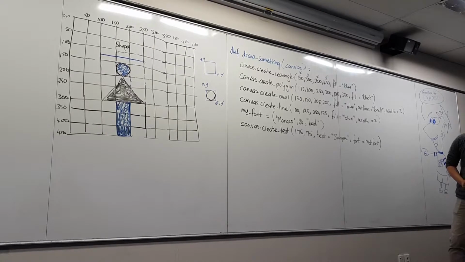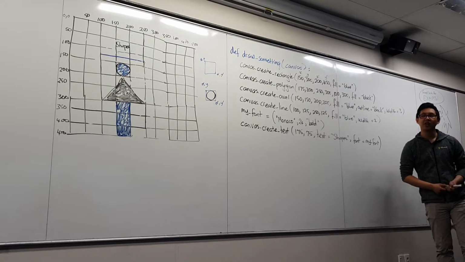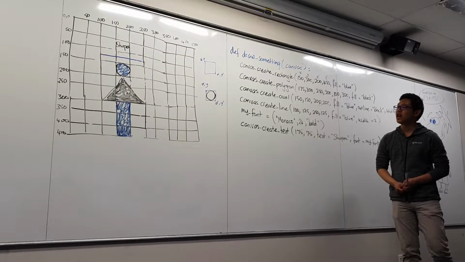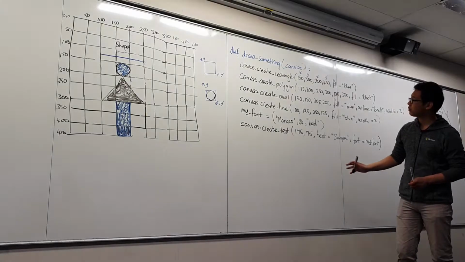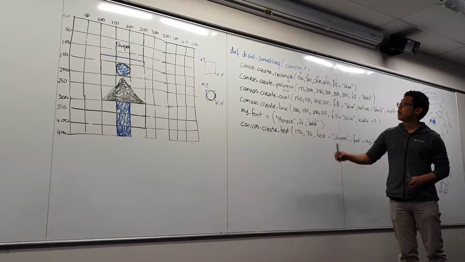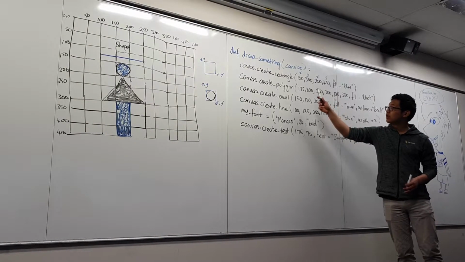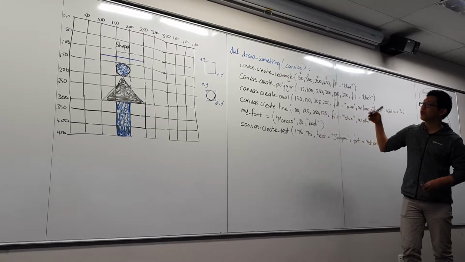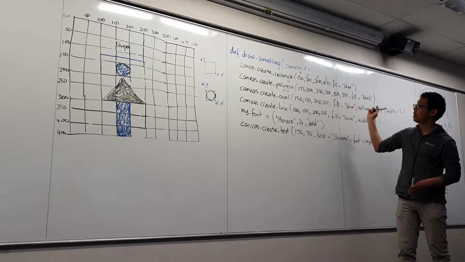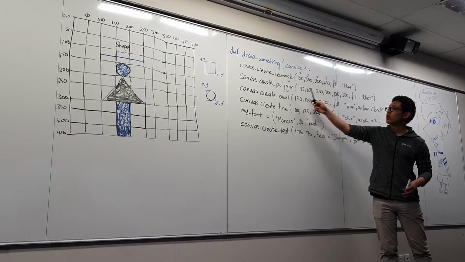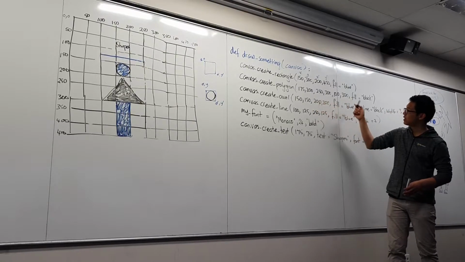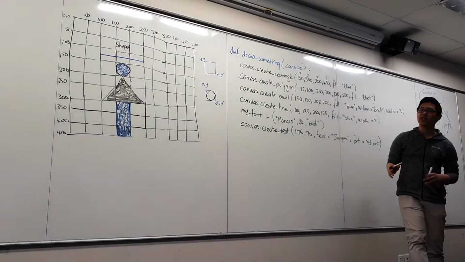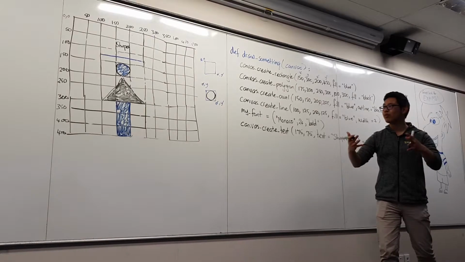Create polygon. Other than rectangles and ovals, every other shape is a polygon. How we had 4 integers, or 2 pairs of integers, now we have multiple pairs of integers. In this one, we have 3 pairs of integers because we want to create a triangle, and a triangle needs 3 points.